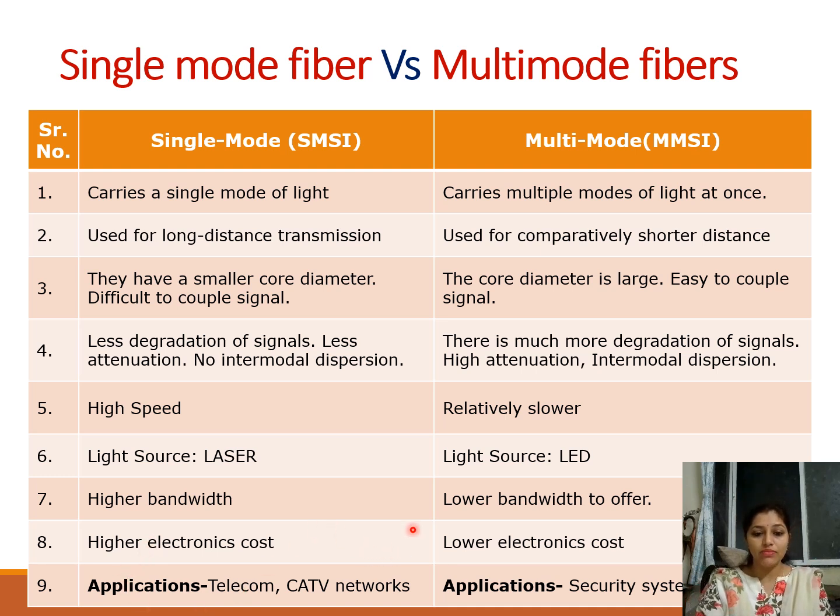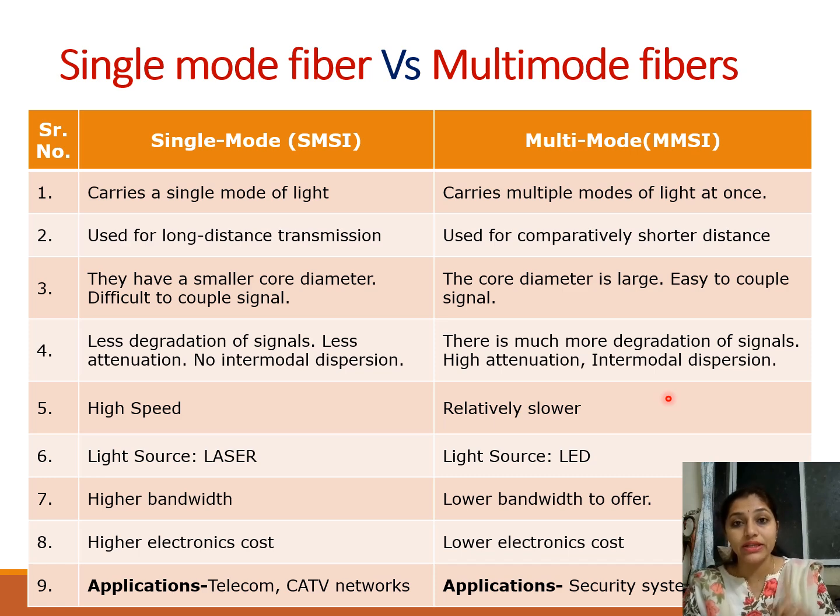Then single mode fibers are used in telecommunication, they are used in Cat5 networks, and multi-mode fibers are used in security systems, they are also used in local area networks. So this is the difference between single mode fiber and multi-mode fiber.